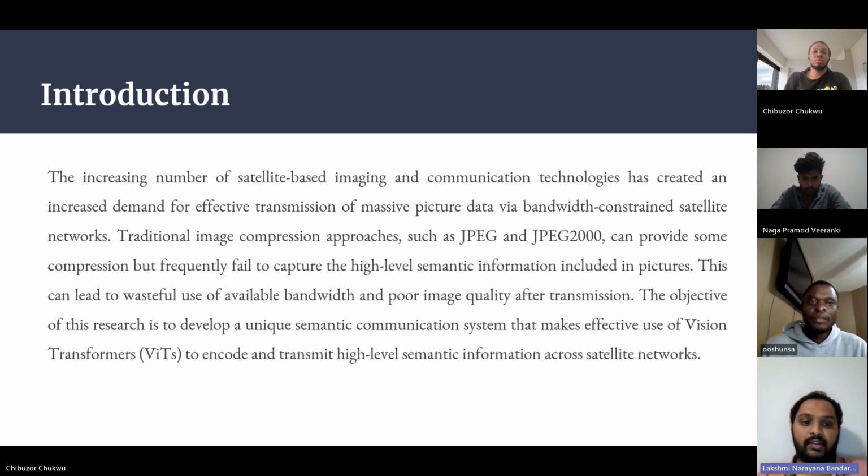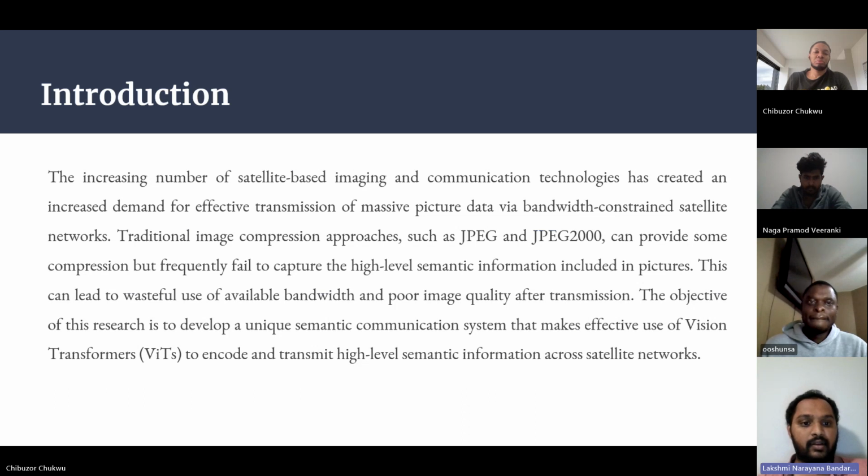This can lead to wasteful use of allowable bandwidth and poor image quality after transmission. The objective of this research is to develop a semantic communication system that makes effective use of vision transformers to encode and transmit high-level semantic information across satellite networks.